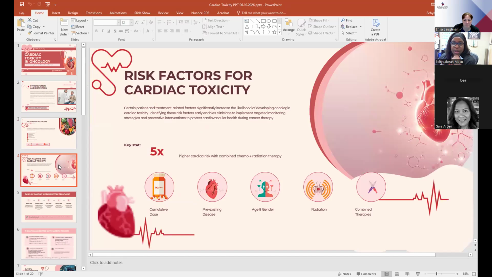Then we talk more about risk factors. Certain patients and treatments and factors significantly increase the likelihood of developing oncologic cardiac toxicity. So again, talking about the dosing of the chemo treatment that they're getting, along with any type of pre-existing disease, their age and gender play a factor, whether or not they're getting radiation or some type of combined therapy.